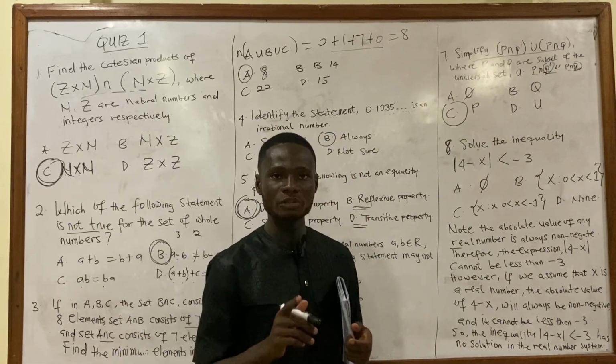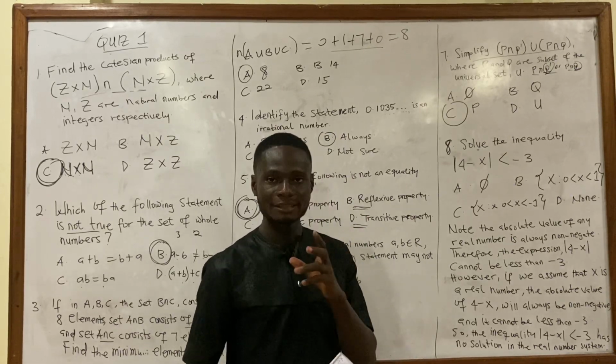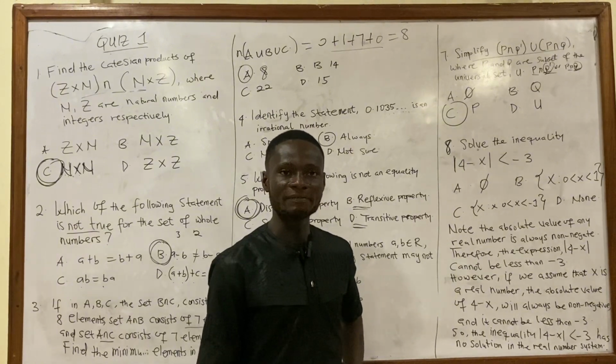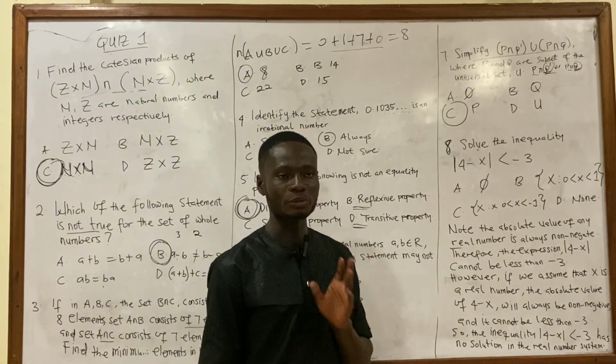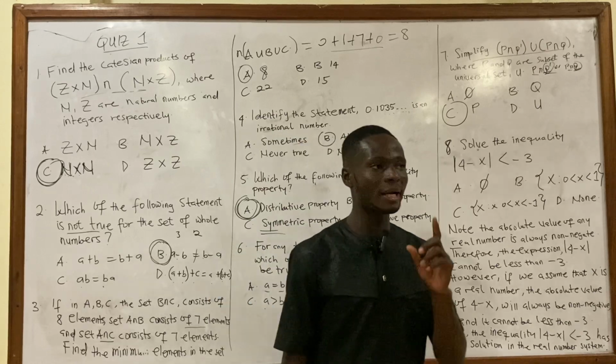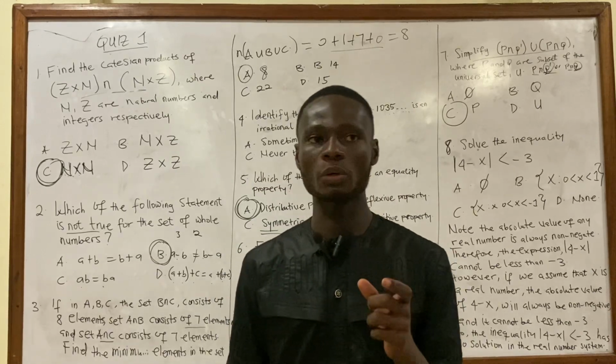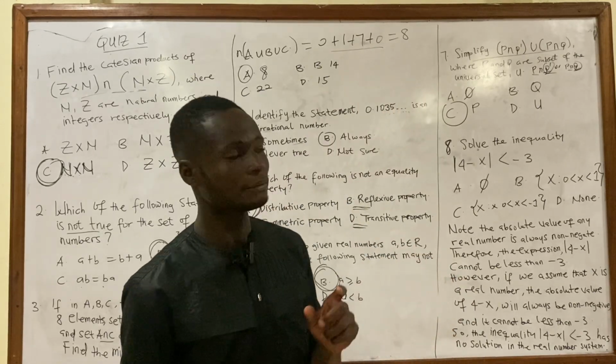Do you have an absolute number that is less than a negative number? No, we don't. The moment you say the word absolute, it must always be a positive number.